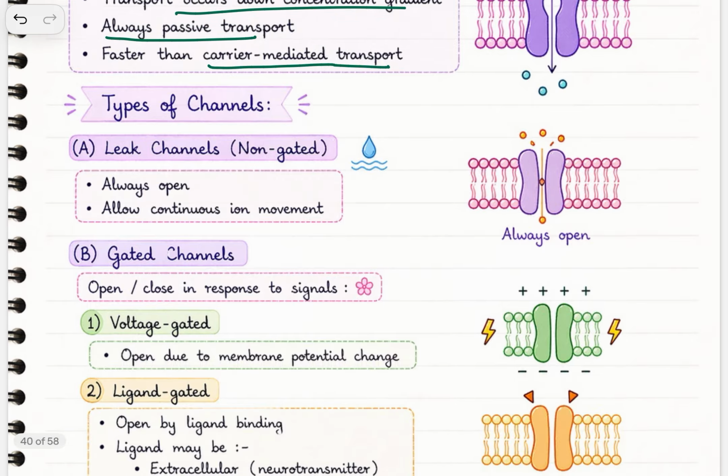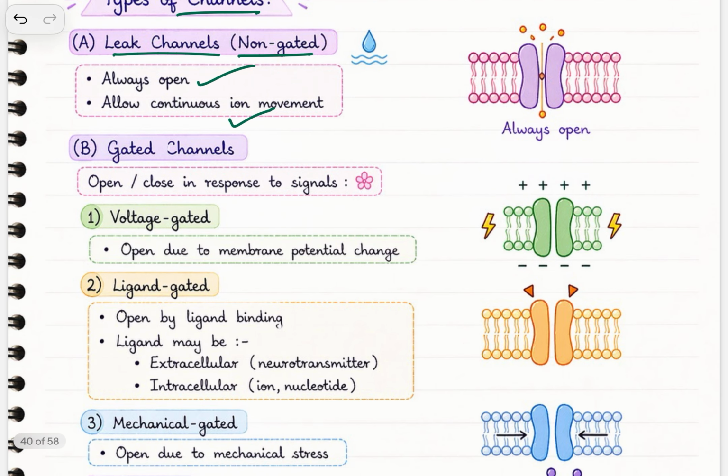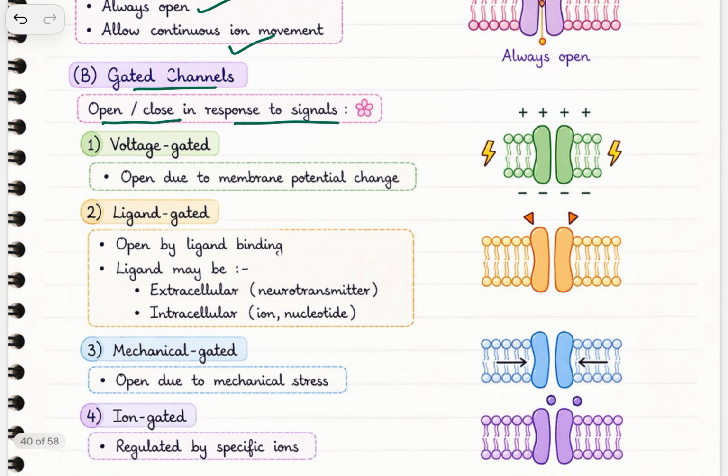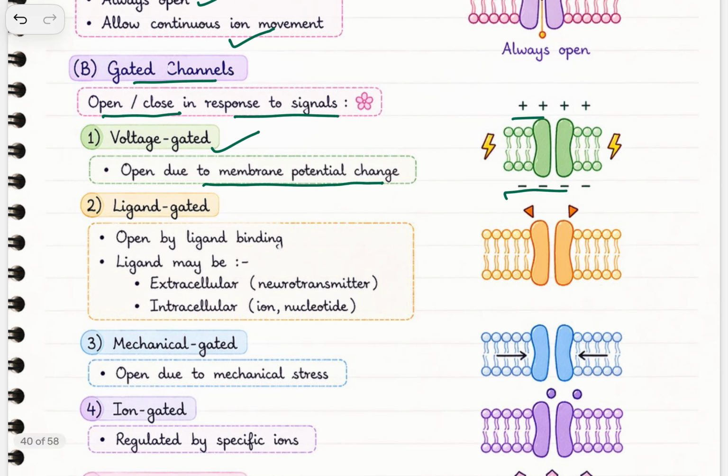Next is types of channel. First one is leak channel or non-gated channel, always open and allowing continuous ion movement. Second type, gated channel, opens or closes in response to a signal. Gated channels are further divided into voltage gated, which open due to membrane potential change. Second type, ligand gated, opened by ligand binding.